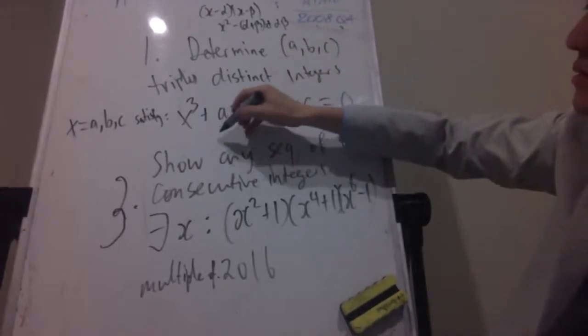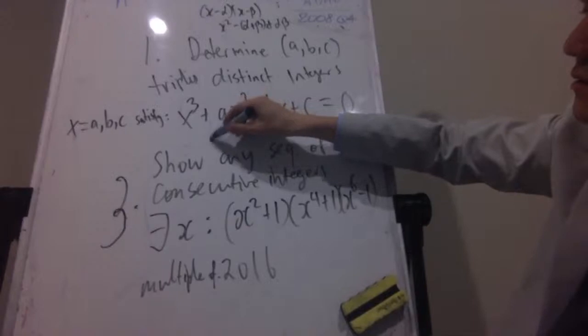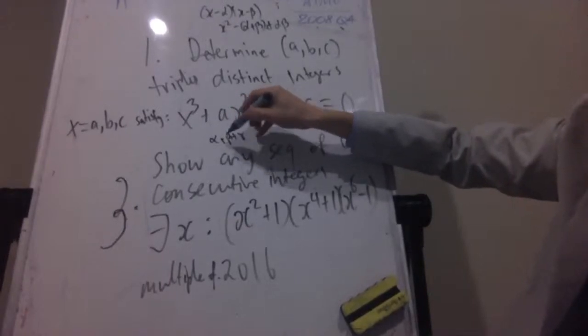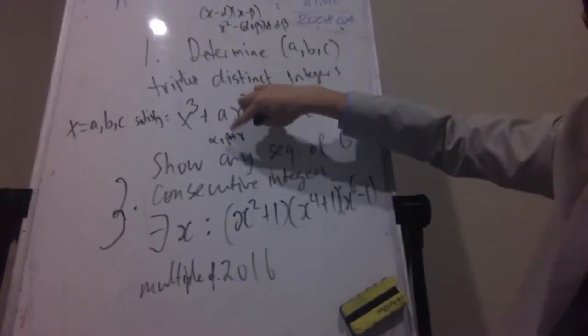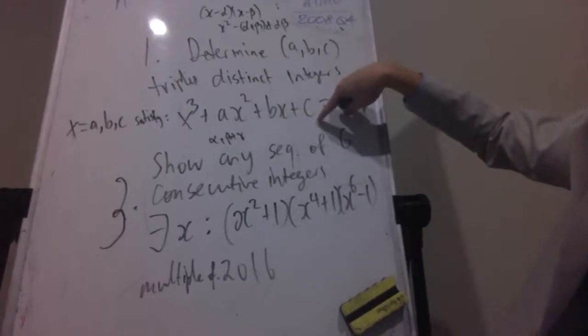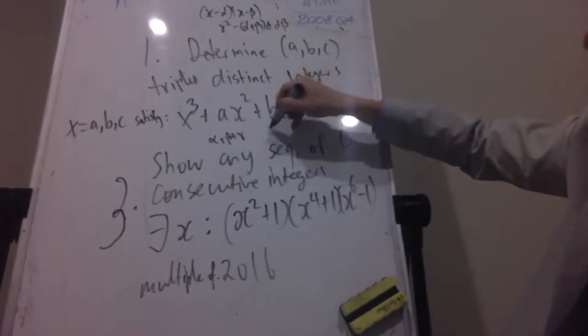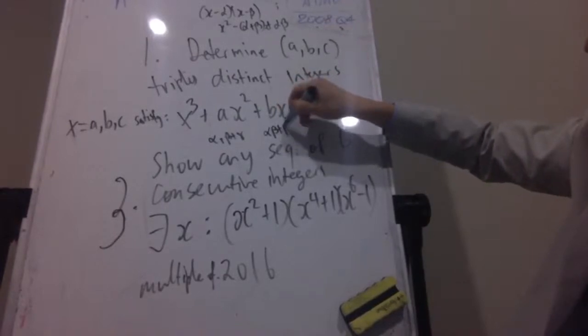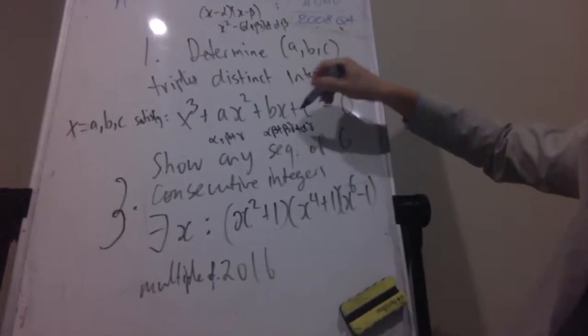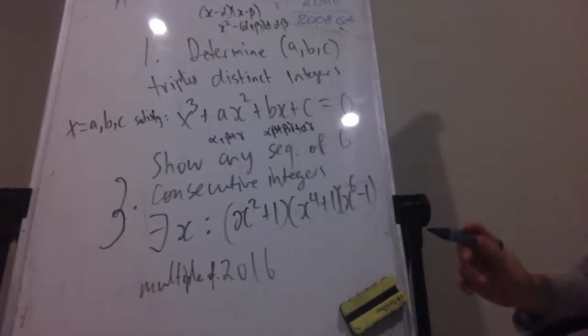The sum of the roots, alpha plus beta plus gamma, is equal to negative a. The negative of the product is equal to c, and the sum of the roots two at a time is equal to b. Does that make sense?